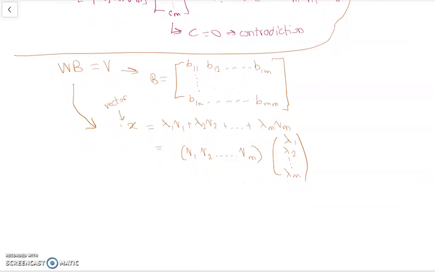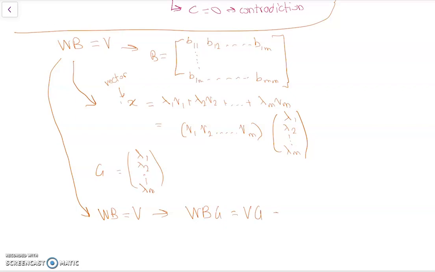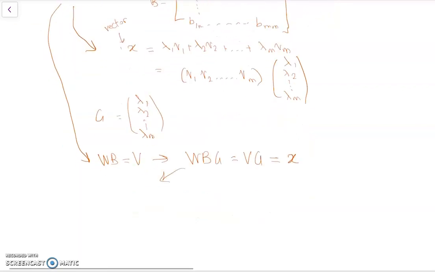Let's say the column of lambdas is the matrix G. If you write WB equals V and multiply both sides by G, we have WBG equals VG, and VG is equal to x. Using associativity, we have W times BG is x.